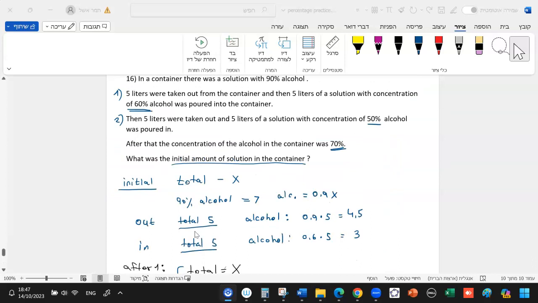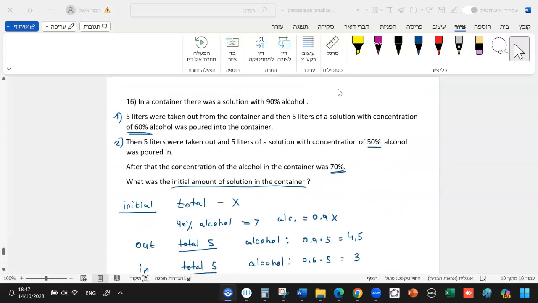Now let's go back to the question and see what it tells us about the container after the second step. And here it is, this sequence. After the 2 steps, the concentration of the alcohol in the container was 70%.